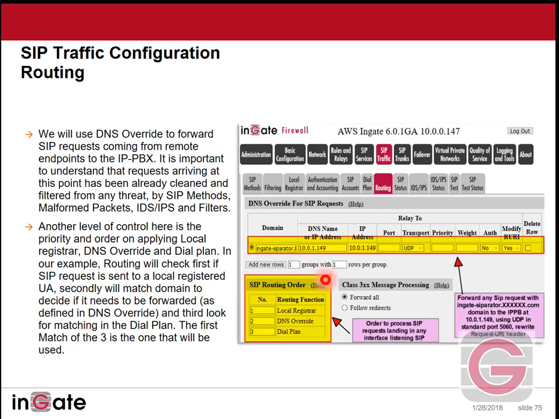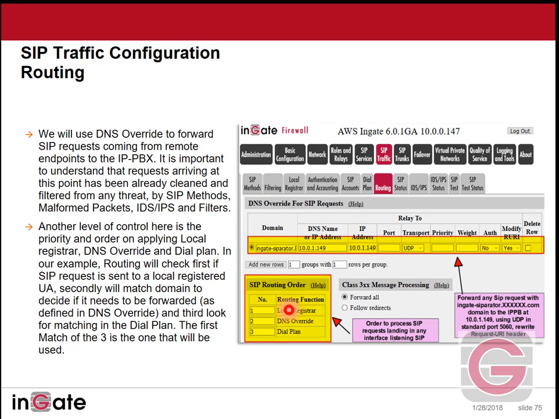And also there is another section here called the SIP routing order. You can leave that as the default values, but in some exceptional cases, you may want to change how the SIParator is going to decide what to do first in terms of applying rules of routing. For example, the way it is organized by default is first local registrar, second DNS override, third dial plan.